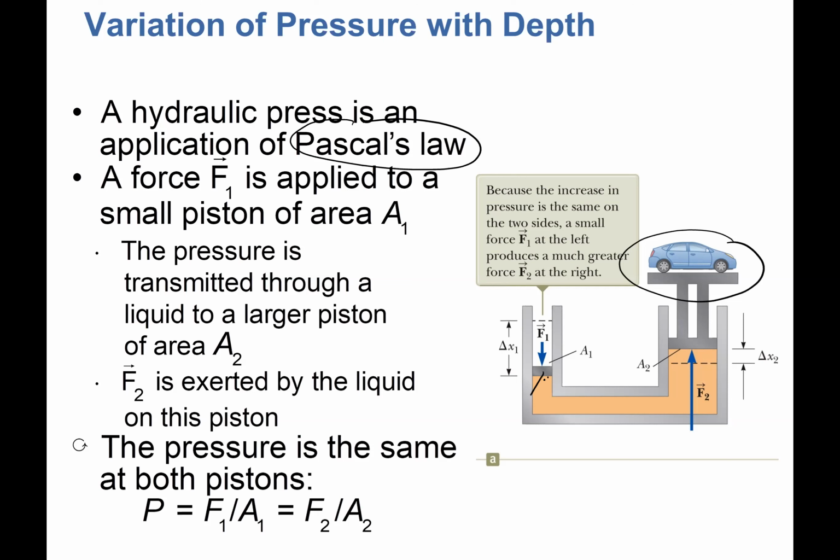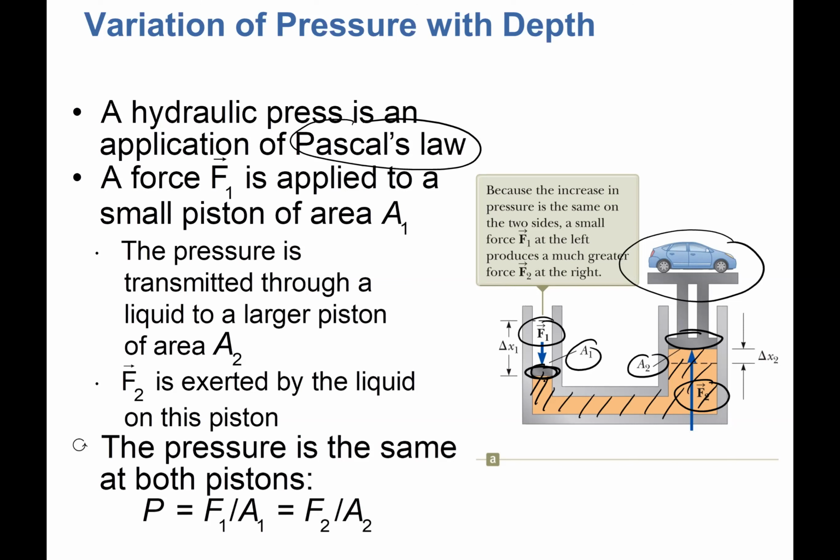Because what we have here is a confined fluid. Let's say here there's a piston with area A1, and there's another piston with area A2. How much force you apply to area A1 is F1, and what you end up getting, F2, is the output force on the other side.